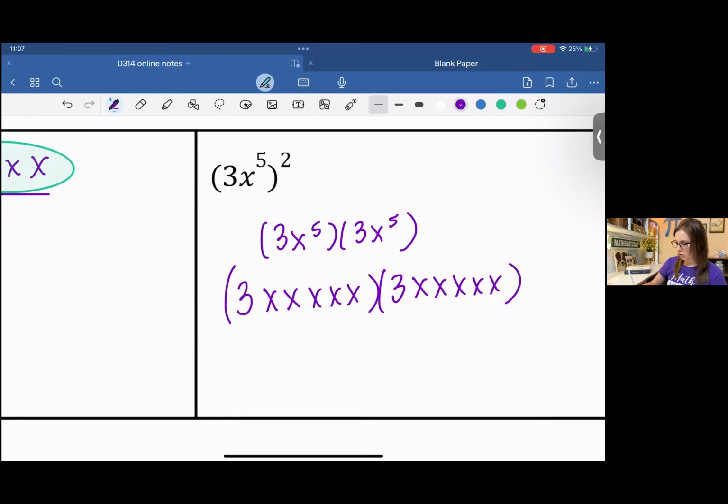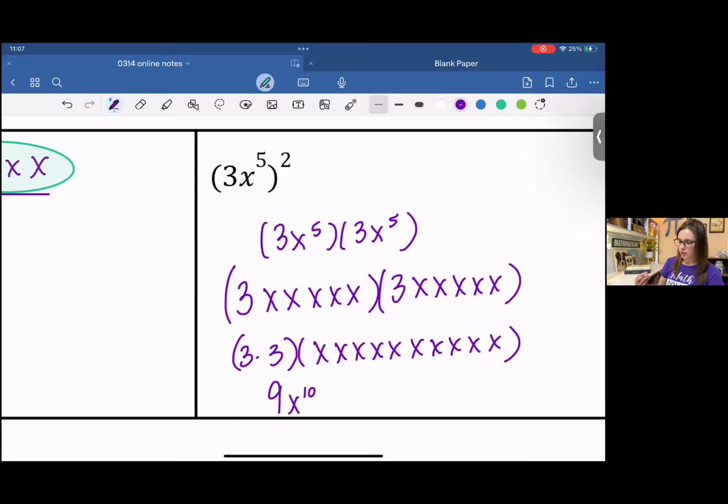So I'm going to change this to 3 times 3, and then x to the 5th times x to the 5th. Goodness, that's a lot. And then recondense it. 3 times 3 is 9. And I have a total of x to the 10th.